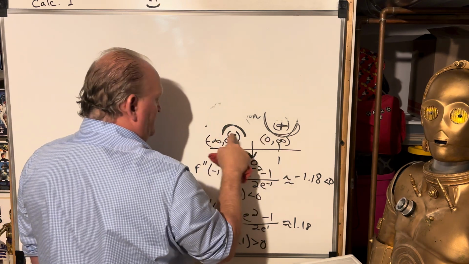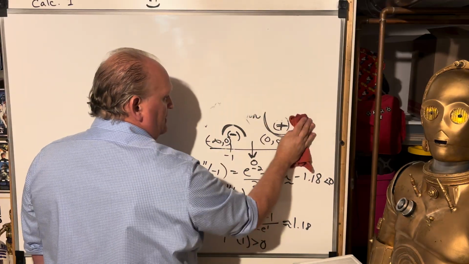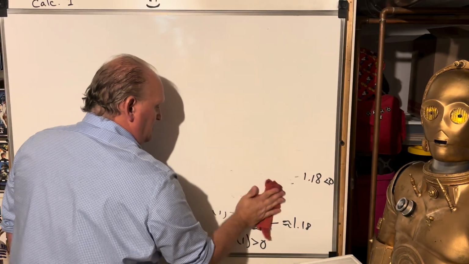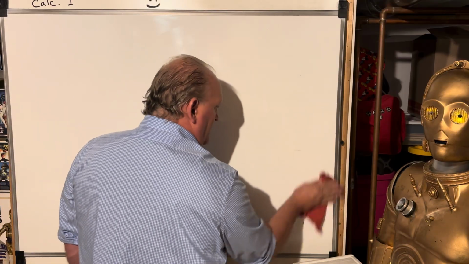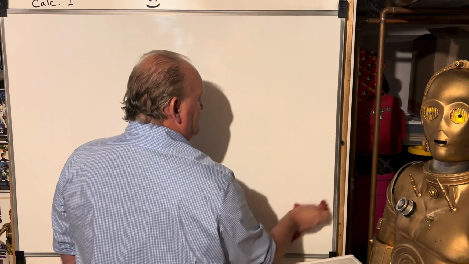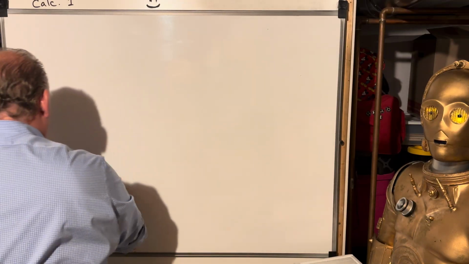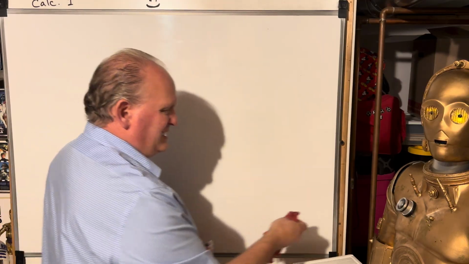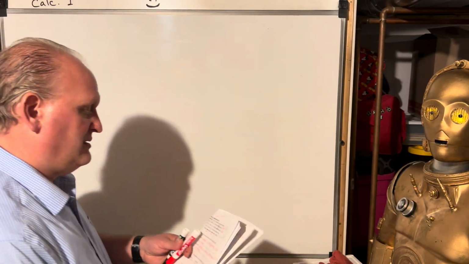If it's concave down, that's going to be a max. It kind of depends on the problem. Neither one is more correct. You can use the concavity test to determine whether it's a local max or local min by taking the second derivative. But if it's easier to just look at the intervals off of the first derivative to see if they're increasing or decreasing, you can do it that way too.